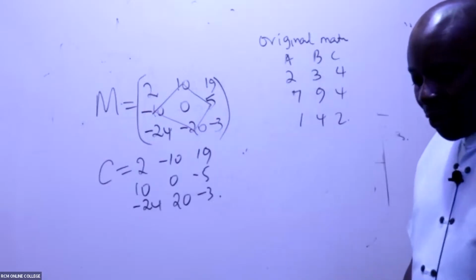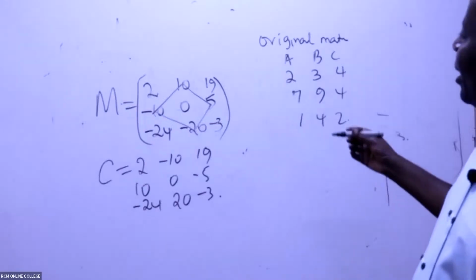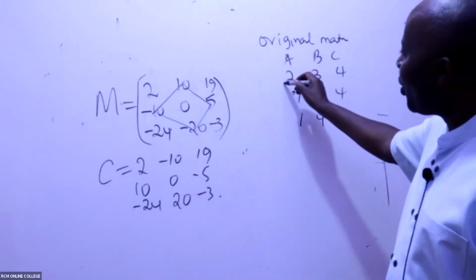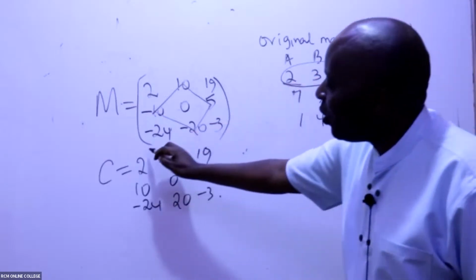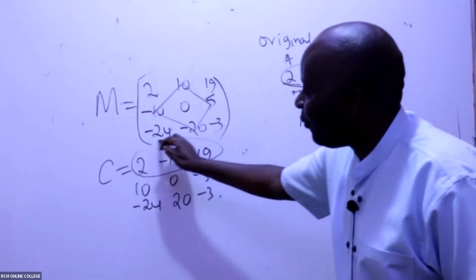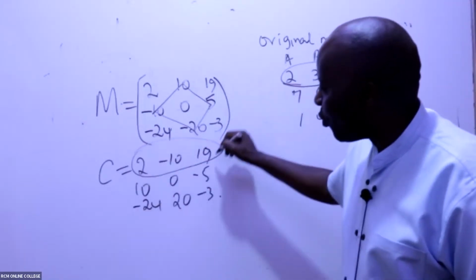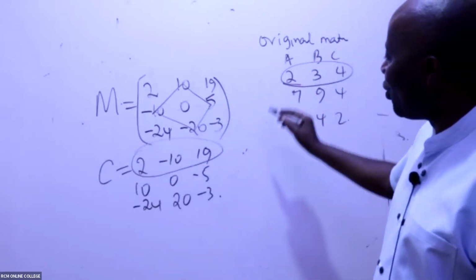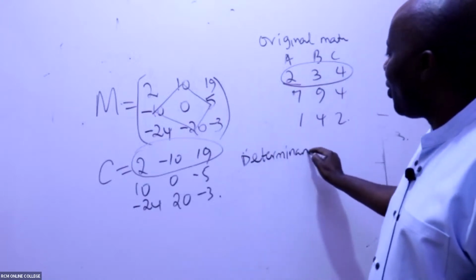So if you have not done the determinant using the other method, you can easily borrow the original matrix, these numbers that are here, with the cofactor matrix, the first row. If you take the first row of cofactors and the first row of the original matrix, you can easily get the determinant.